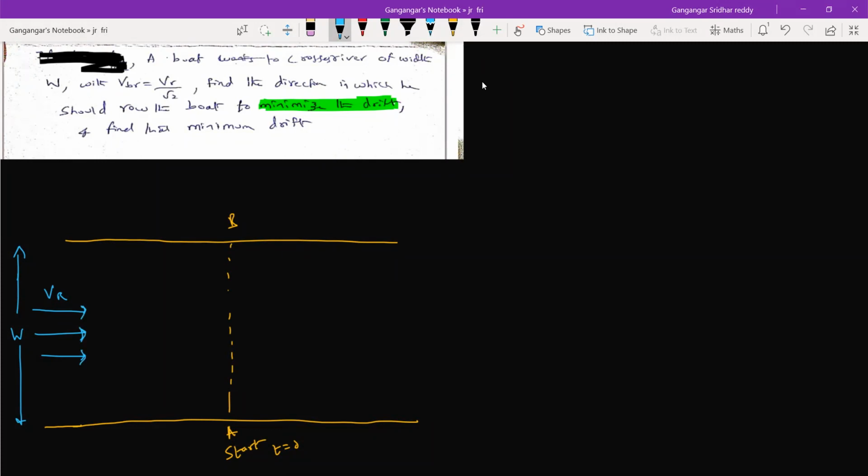We'll do one thing. We don't know anything. Let him row the boat with VBR. Then the river current will push. He will reach here, no?